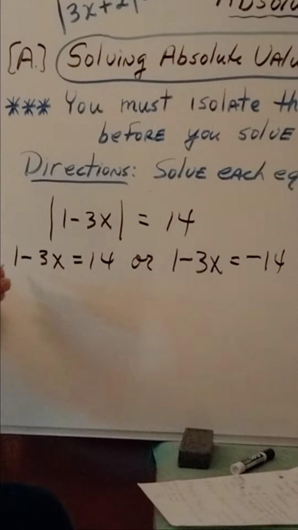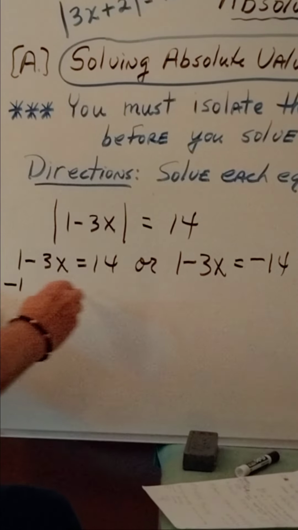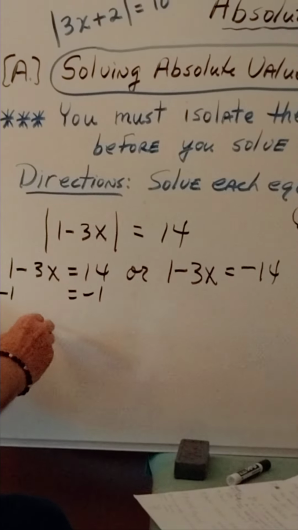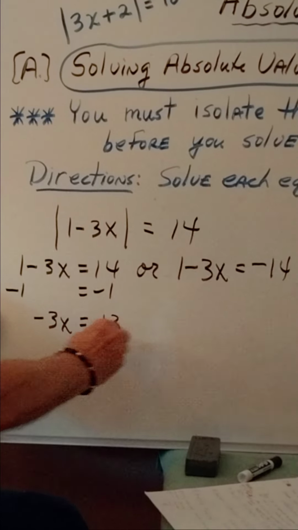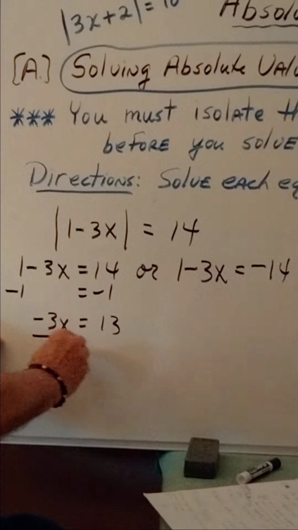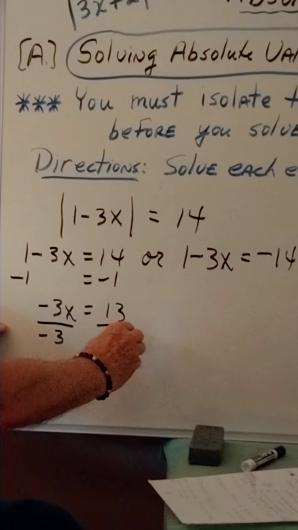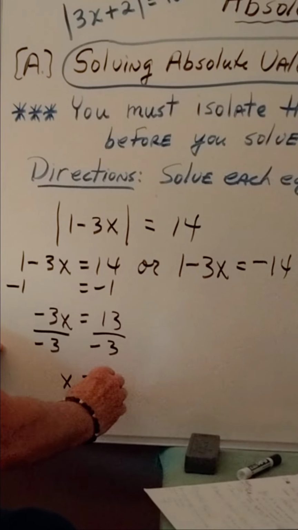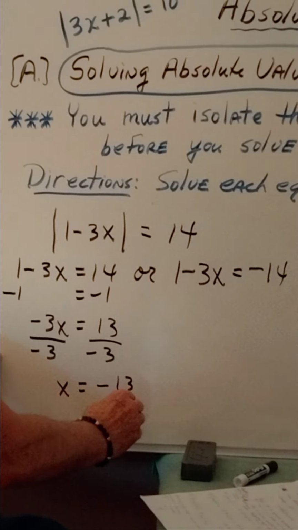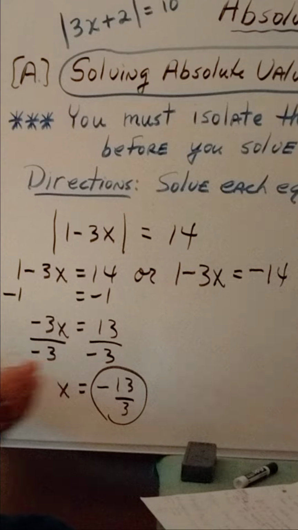Solve. Get rid of the 1. Negative 1. Negative 1. Negative 3x is equal to 13, over negative 3, over negative 3. X is equal to negative 13 over 3.